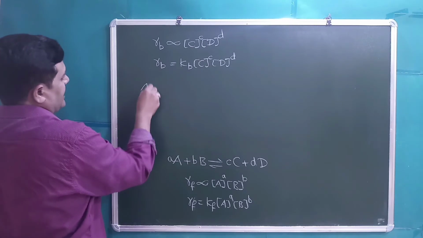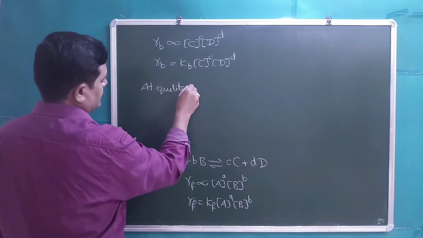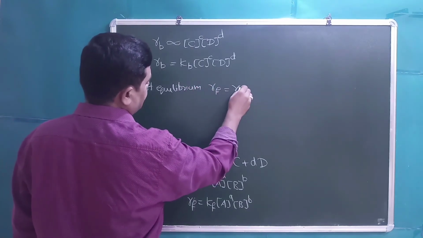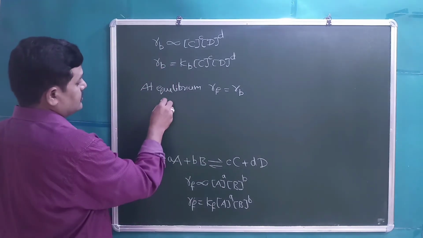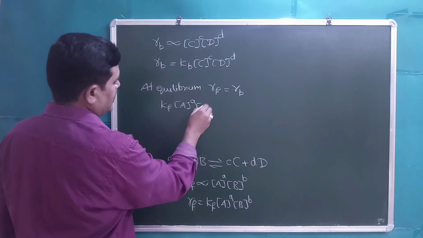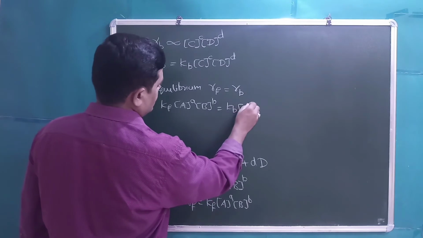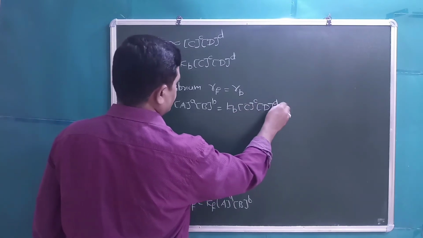Students, we know at equilibrium condition, rate of forward reaction is equal to rate of backward reaction. Let us equate these two now, right? So Kf into [A]^a into [B]^b is equal to Kb into [C]^c and [D]^d.